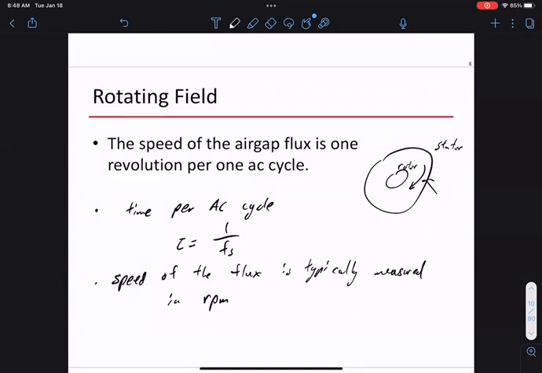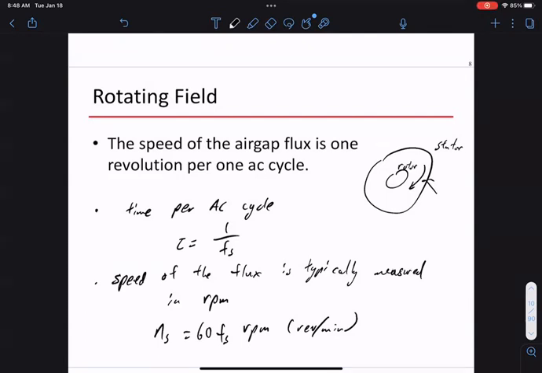So normally when we see the speed, this is called N_S. This is 60 times the synchronous frequency, which gives us RPM, or revolutions per minute. So this is just the speed of the air gap flux. This is maintained by the grid.